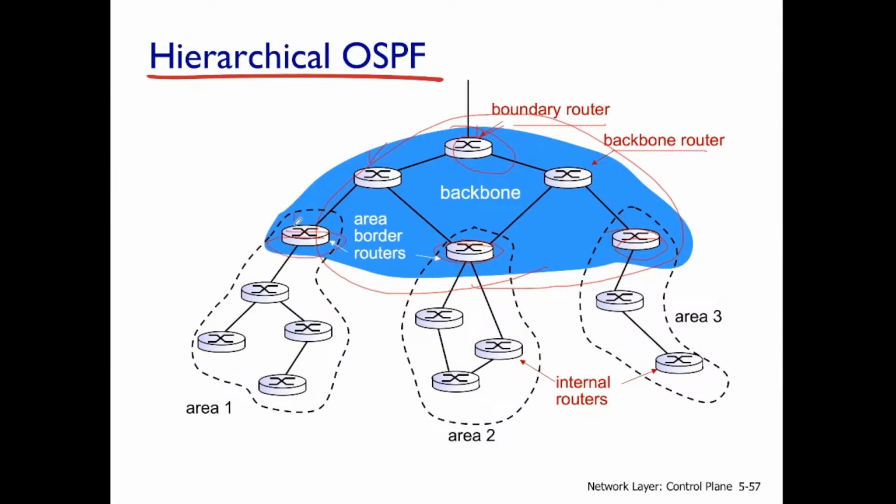So this guy here and here and here are the area border routers. The area border routers, boundary routers, as well as the other backbone routers together form the backbone, and they will together also run OSPF, but that is independent of the OSPF running inside each of these areas.